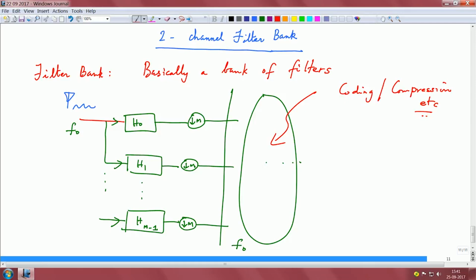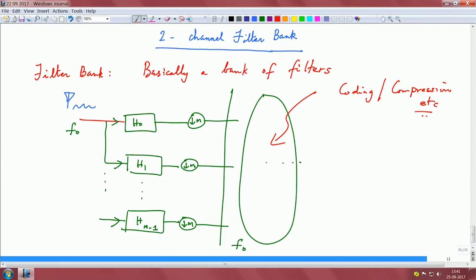So our goal is to design such a bank of filters such that you can get perfect reconstruction. I send something, I take it through a bank of filters, I downsample, and you may even ask a philosophical question at this point: why should I send them through different filters? Signals sometimes do not have energy which is distributed uniformly across all the bands.